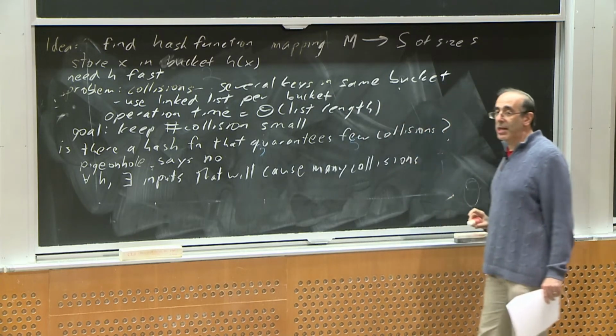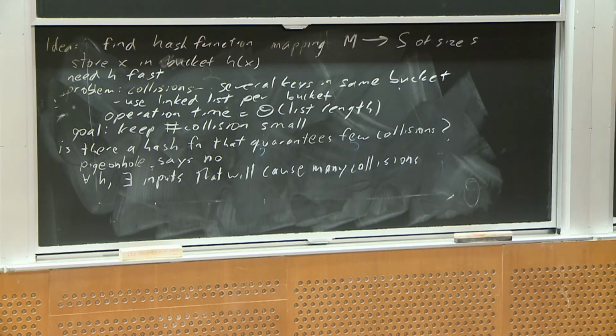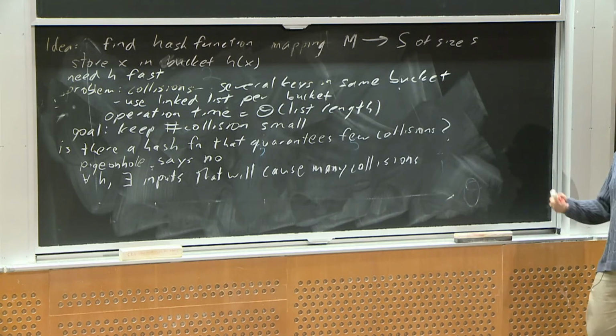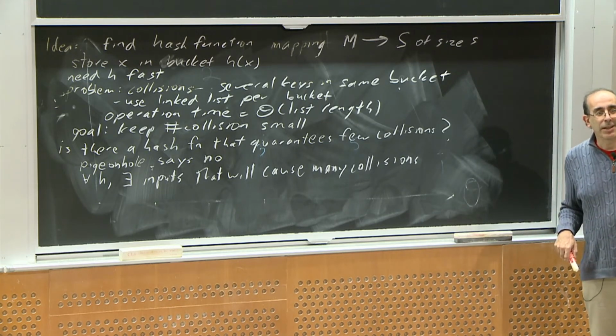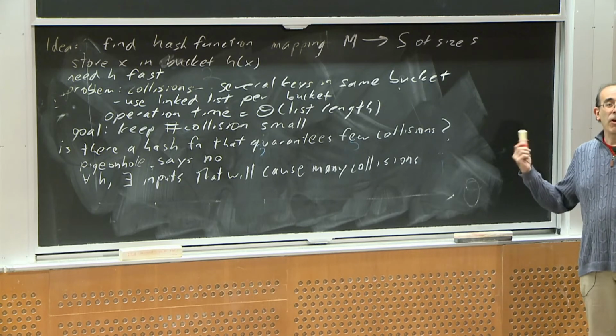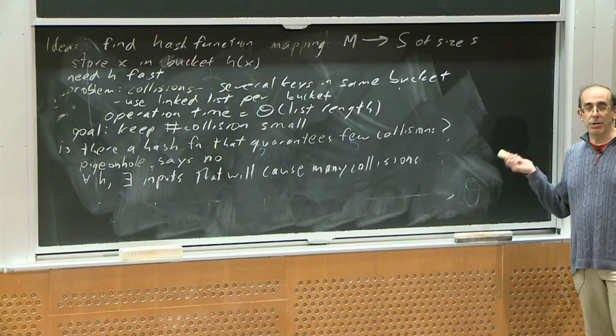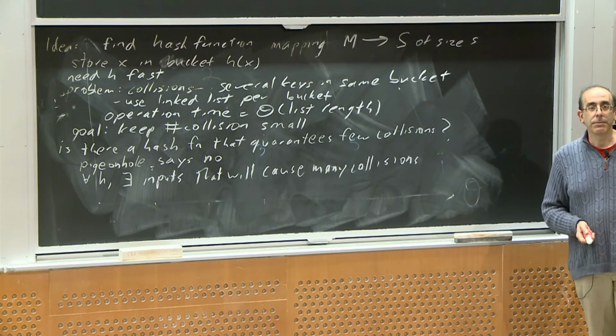If an adversary knows what my hash function is, then they can pick all of the items that map to a single bucket as the input. And so now all of my items will be in one bucket, and I've been reduced to using a plain old linked list.